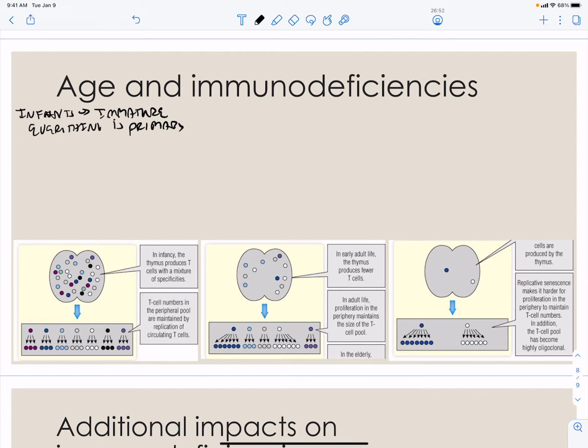And so you have fetal antibodies that are going to be made starting at about 20 weeks of gestation. And then adult levels of IgG are going to be present at approximately 5 years of age.